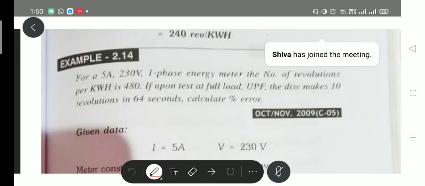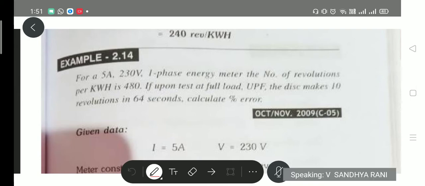For 5 amps 230 volts single phase energy meter, the number of revolutions per kilowatt hour is 480. If upon test at full load UPF, the disk makes 10 revolutions in 64 seconds. Calculate the percentage error. He is asking the percentage error here.